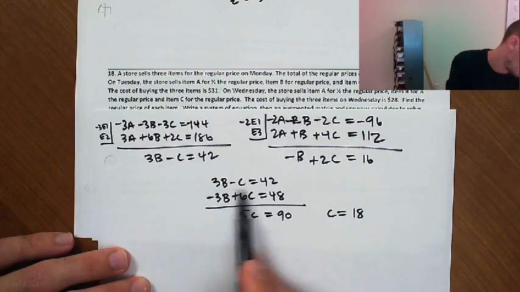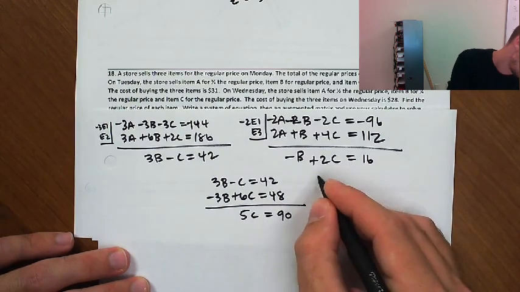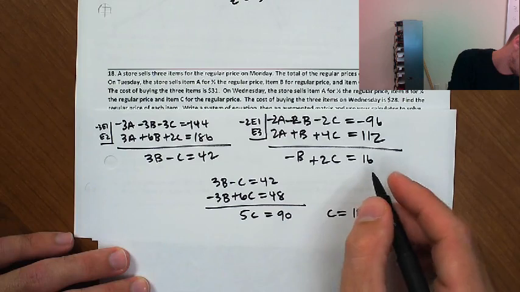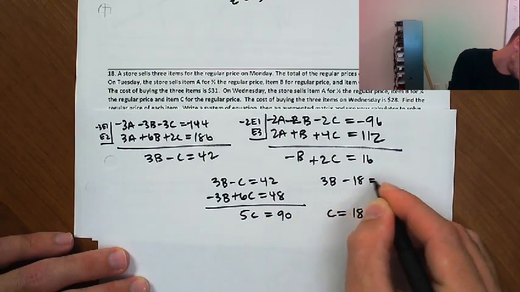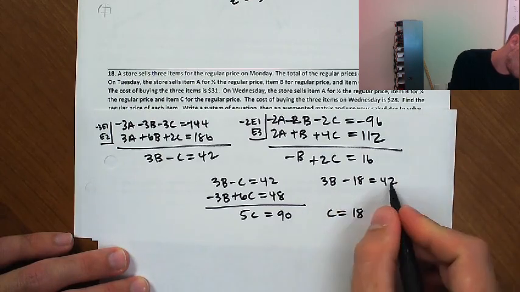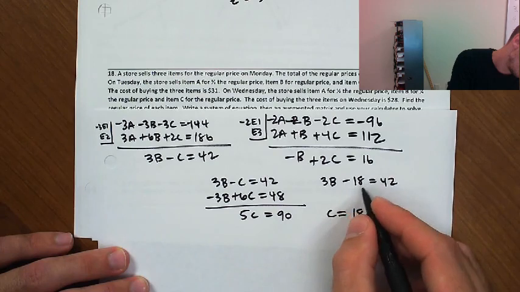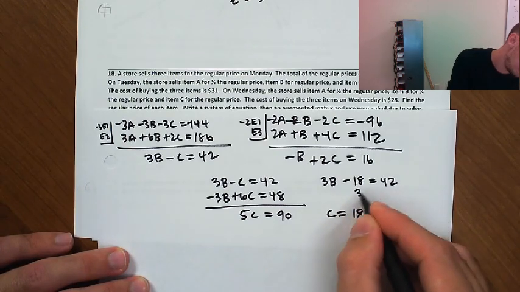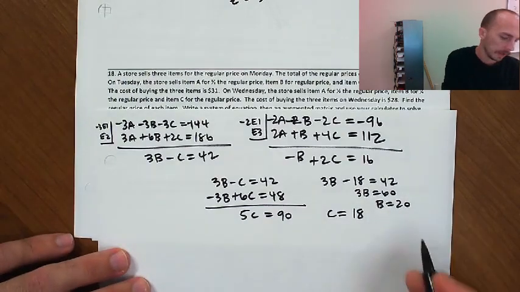I'm going to go back over here to get b. 3b minus c equals 42. I'm going to add that over here, and I get 42 and 18 is 60. So b is 20.